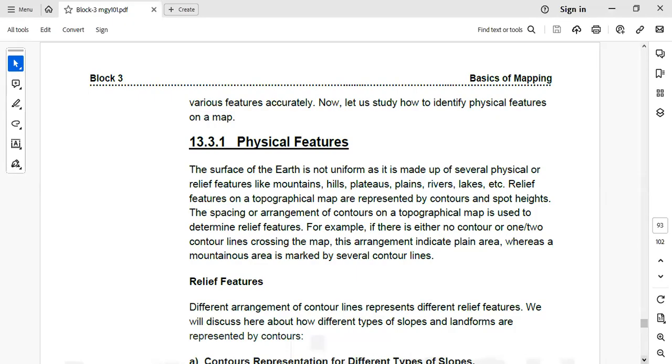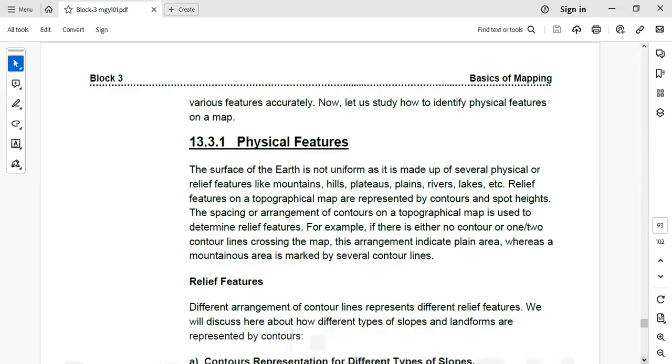So before starting to interpret any topographical map, a common understanding of the contour arrangement, the colors, and symbols present is very important to accurately extract the information a topographical map is representing.